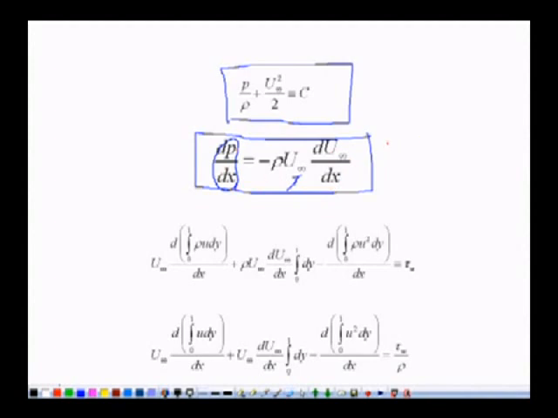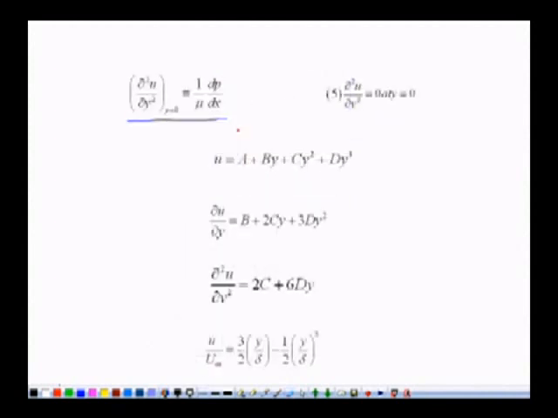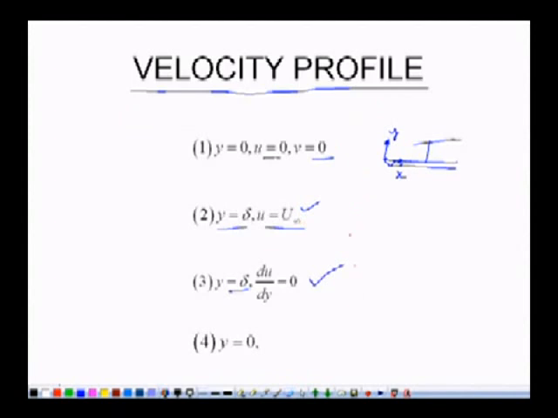In the case of a flat plate, there is no pressure gradient in the x direction, so dp over dx is 0. When dp over dx is 0, it means du infinity over dx is also 0. So we can say that del 2u over del y square is 0 at y equal to 0. So we have these 4 boundary conditions.